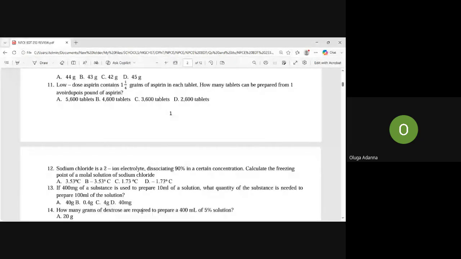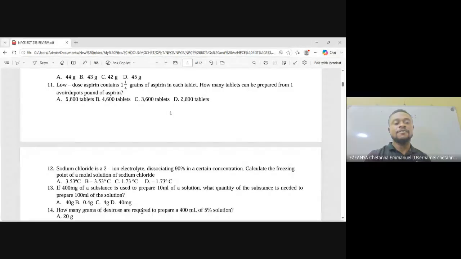So I converted the avoirdupois pound to grains first. One avoirdupois pound is 7,000 grains. If you change 1/4 to decimal point, it is 1.25. So when you cross multiply, it will give you 5,600.